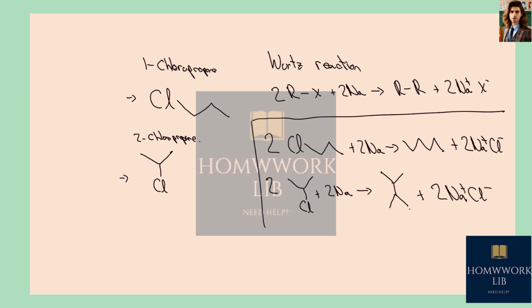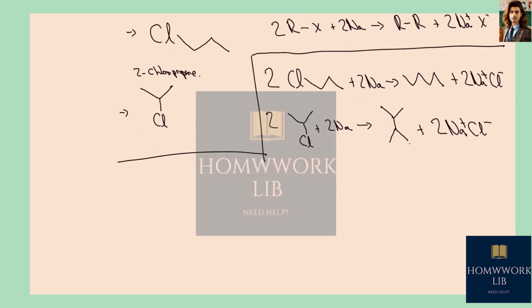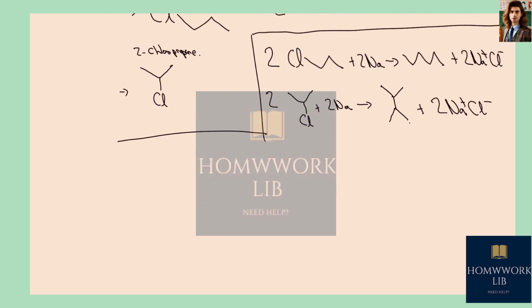And finally, we're going to have the cross product. For the cross product, I'm going to take a little bit more space because we need to draw the chemical structures. So in the crossed or asymmetrical reaction, we're going to have 2-chloropropane reacting with 1-chloropropane, 1, 2, 3, plus two equivalents of sodium, and this is going to generate... Imagine that you're just taking away the chlorine bonds over here, you're breaking them, and you're essentially adding one section to the other.